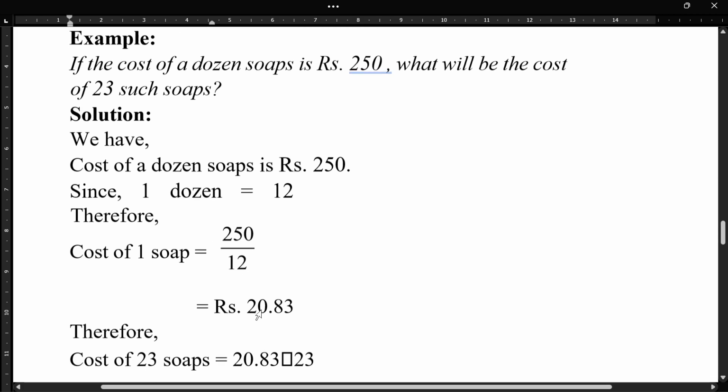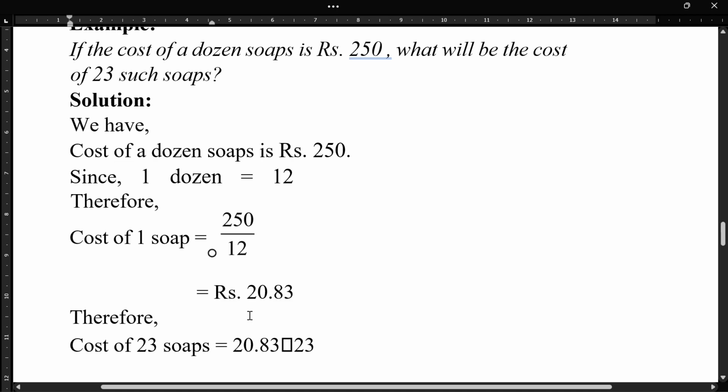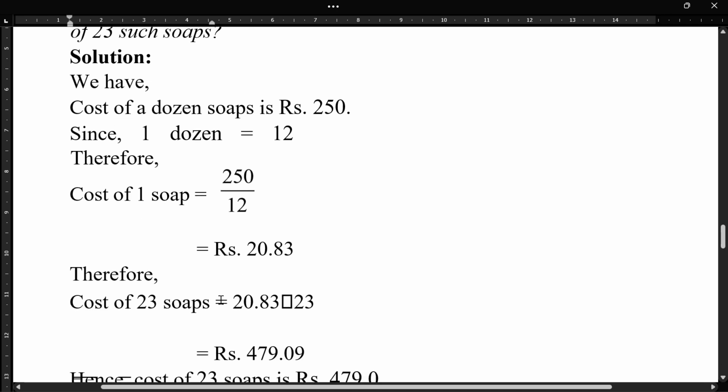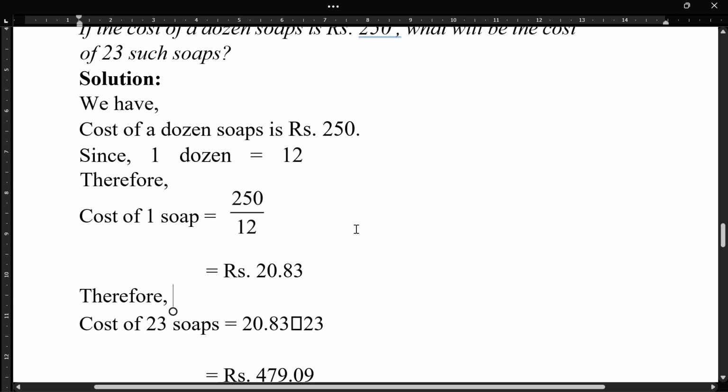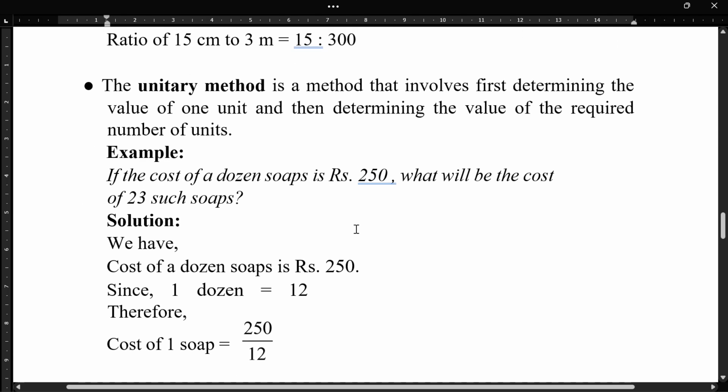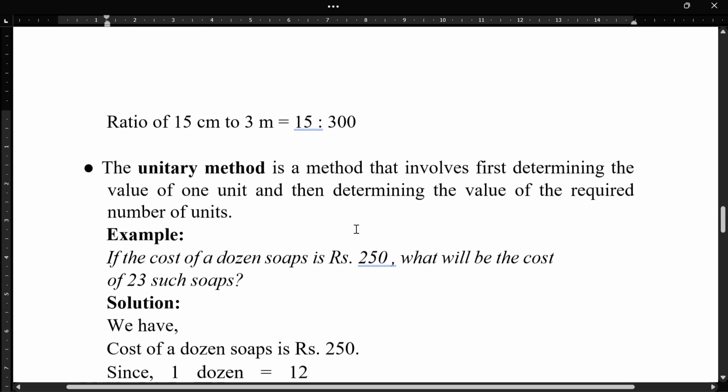After dividing, we will get the cost of one soap in rupees. Now to find the cost of 23 soaps, we will multiply 23 with the cost of one, and after multiplying we will get the value of all 23 soaps. In this way we will use the unitary method to find the value of another.